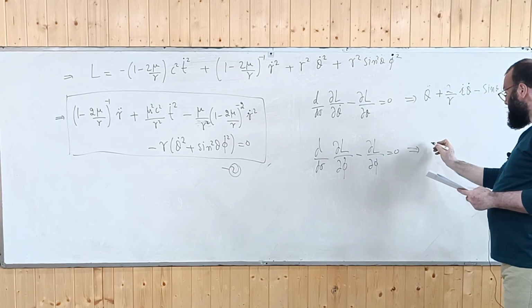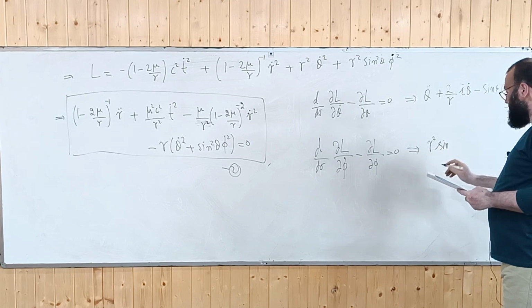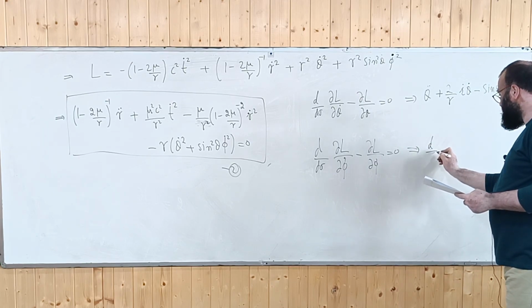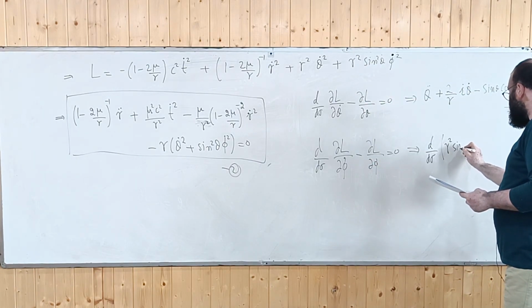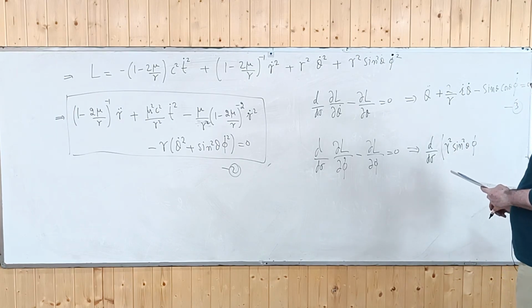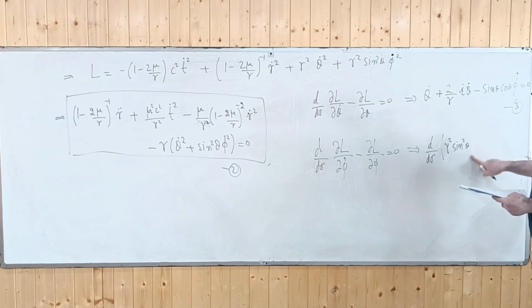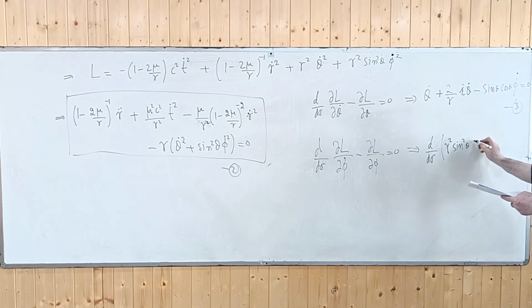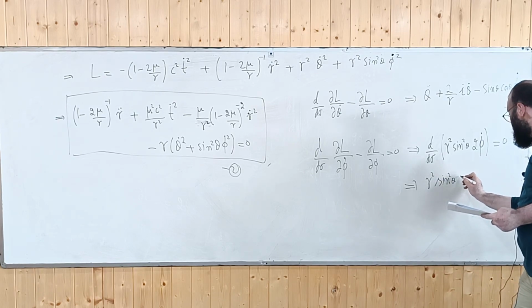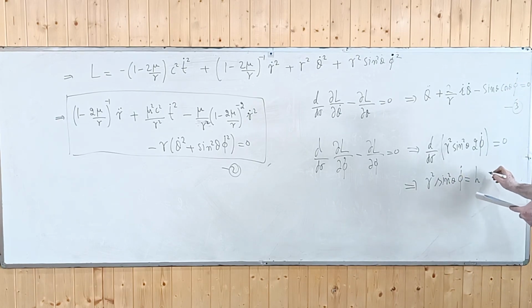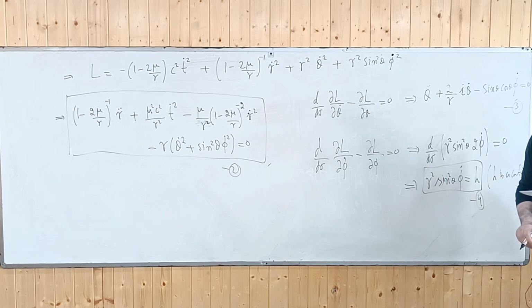It is simply r squared sine squared theta times twice phi dot, because partial L by partial phi dot gives twice phi dot, and that is equal to 0. So let's integrate it out. It gives simply r squared sine squared theta phi dot is equal to some constant, h. Let's call this equation 4. We need to interpret k and h, so that we'll do in a moment.